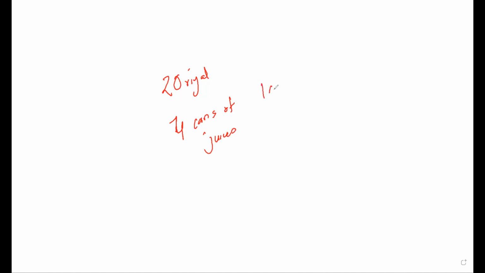So 1 can costs how much? How do you do this? You bought it for 20 riyals, so it's 5 riyals for each can, because you will divide 20 over 4. Now do you see how I go from up and down, because the question mark is here?